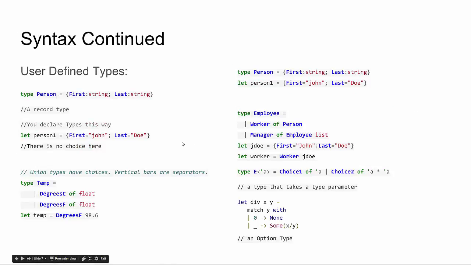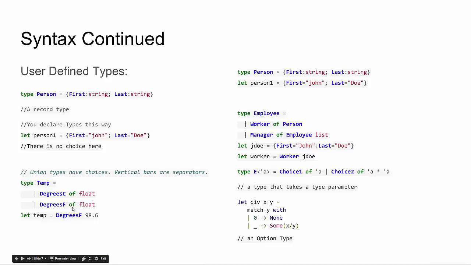These are user-defined types. The first one is a record type, which just stores data. The word on the left is the label, and the word on the right is the type. You can declare record types this way. This second one here is a union type, which you can actually use record types inside of, like this.